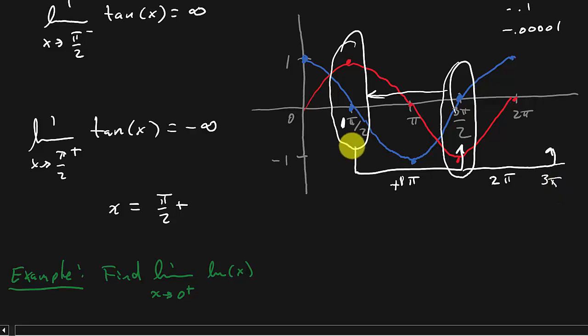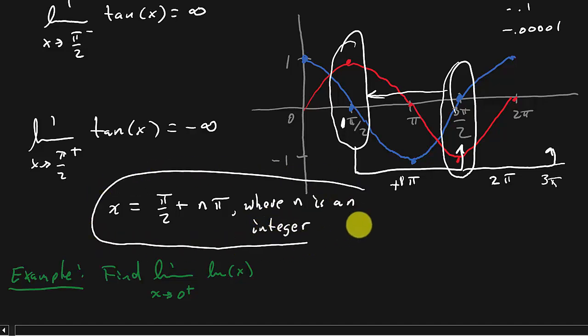See, if I subtracted pi, that would give me negative pi over 2. All right, and if I subtracted 2 pi from pi over 2, that would give me negative 3 pi over 2. So I'm going to add n times pi, where n is an integer. And that would be my vertical asymptotes. Okay?